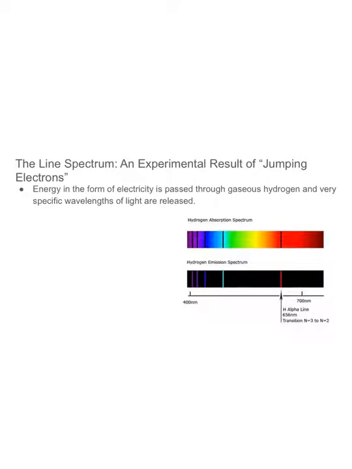So the hydrogen emission spectrum, which is this guy right here, has very specific lines on it, and in between those lines is no color at all. So when we take electric energy and pass it through hydrogen gas, the electrons in the hydrogen gas are excited and they jump up in energy level and they fall back down in energy level.